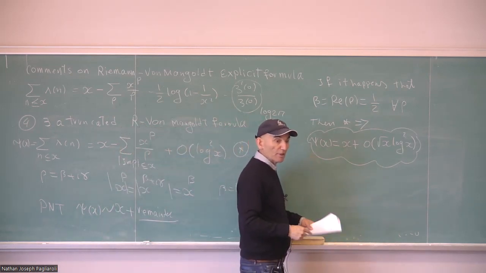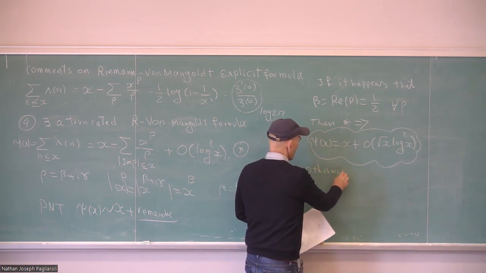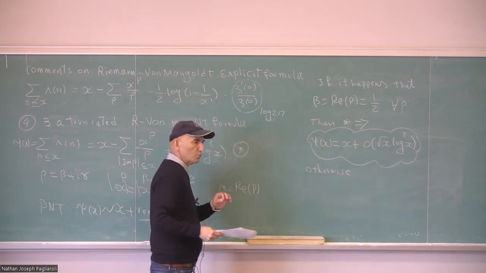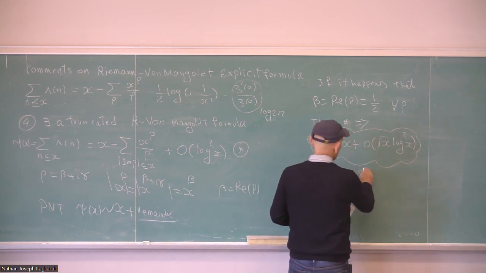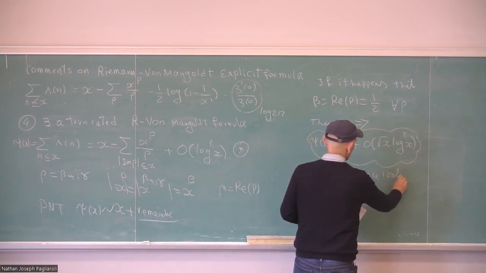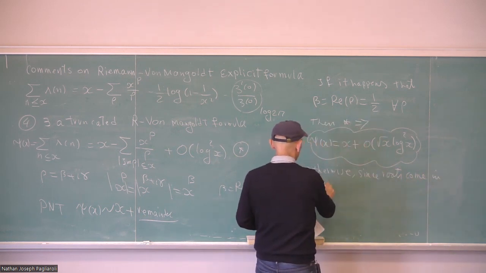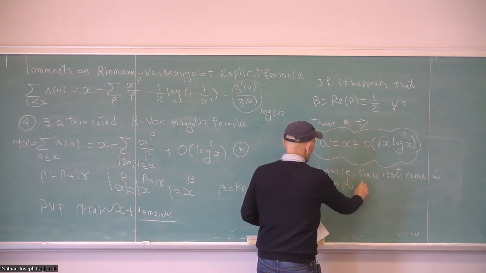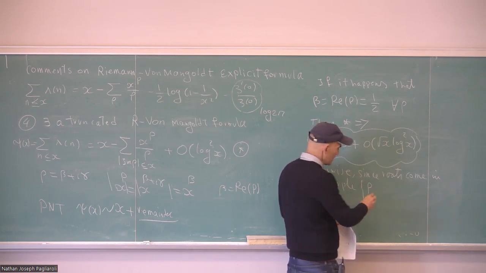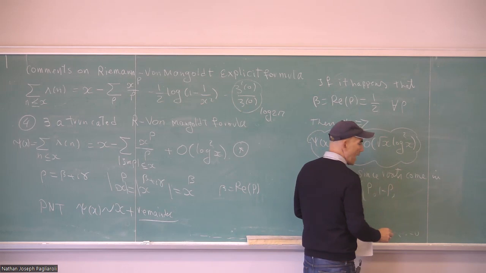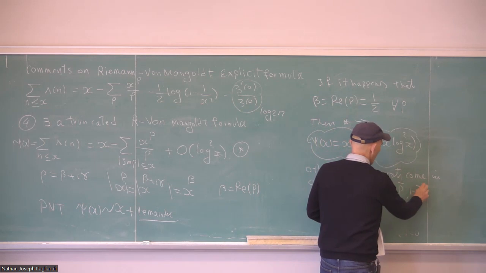But otherwise, let's see what happens if that's not the case. Otherwise, because we know that the roots come in quadruples. Since roots come in quadruples, these roots come like this. If rho is a root, in other words, 1 minus rho is a root as well. And then rho bar also is a root, and 1 minus rho bar.